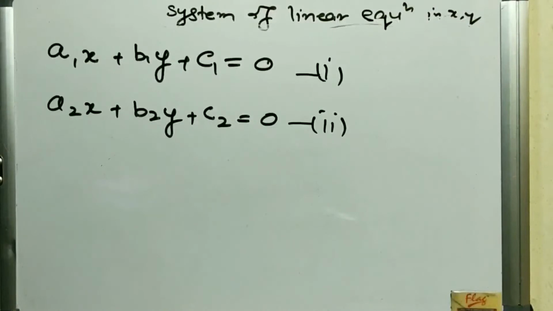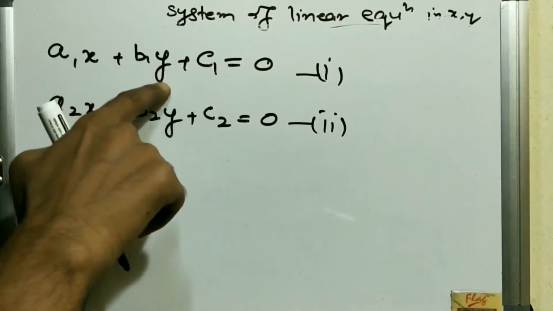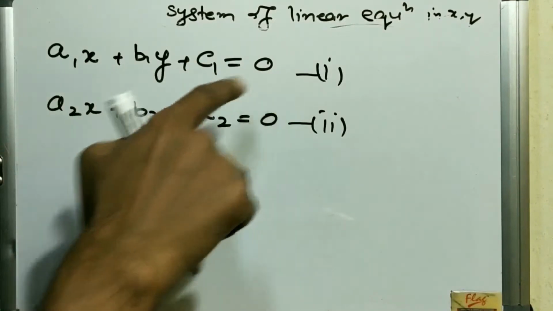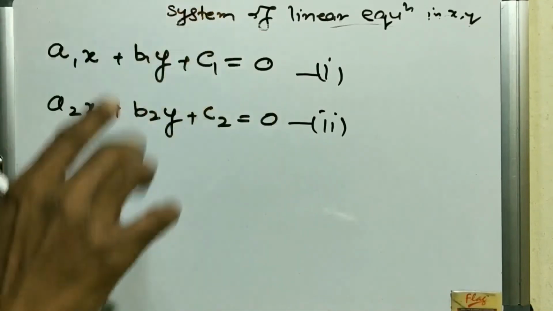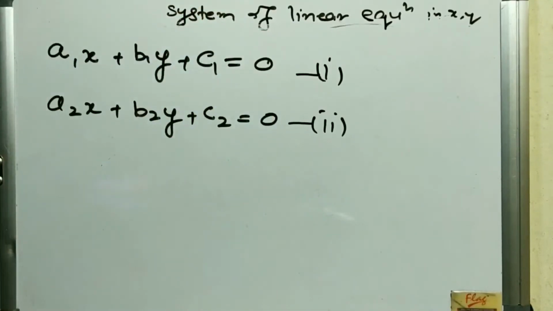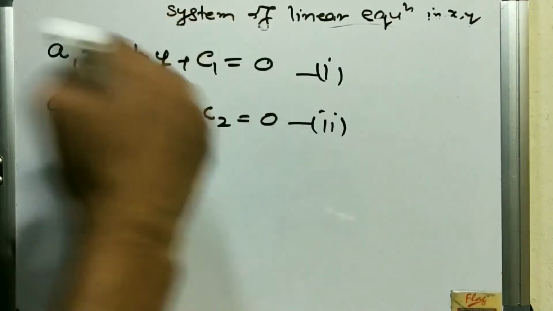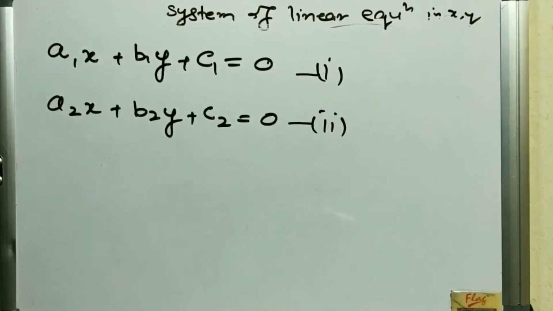Friends, suppose that two linear equations are given to us. First one, a1x plus b1y plus c1 is equal to 0, and the second one, a2x plus b2y plus c2 is equal to 0. Both are equations of a straight line. Just by observing the coefficients, we can determine the nature of the lines.